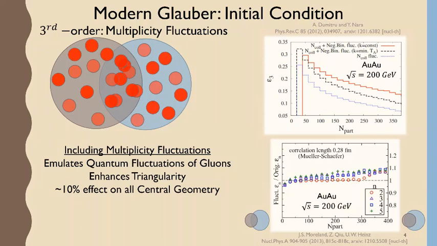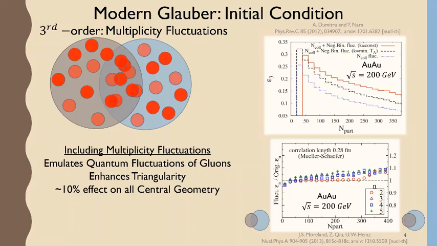You can actually see in this plot the ratio of the eccentricities with the multiplicity fluctuations over the eccentricities with just the nucleon fluctuations. And you see for epsilon 2, which are the red circles, there isn't much of a difference until the most central events.